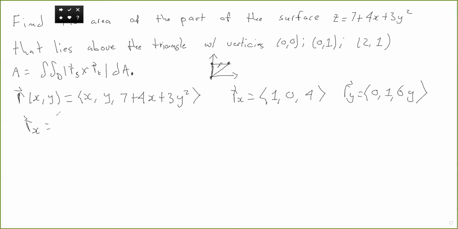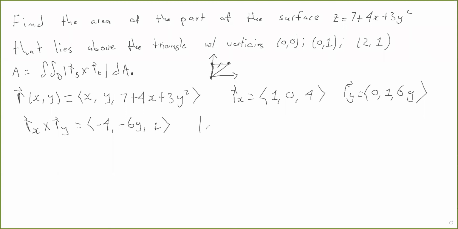I'll let y'all do this computation on your own. I'll just tell you what it is. The cross product Rx cross Ry is equal to minus 4, minus 6y, 1.